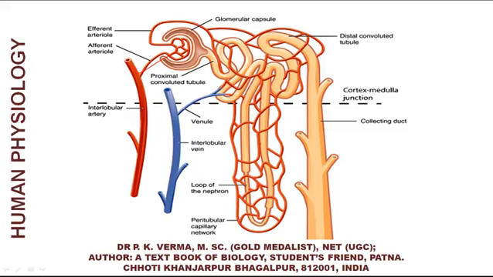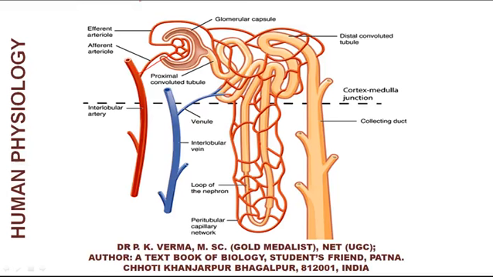Later on, the efferent arteriole forms peritubular capillary surrounding the two arms of the loop of Henle, that is the descending and ascending limb. In both the limbs, the lower part is thinner than the upper, thicker parts.